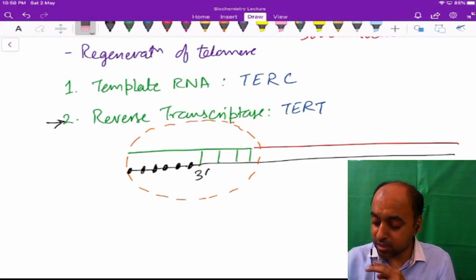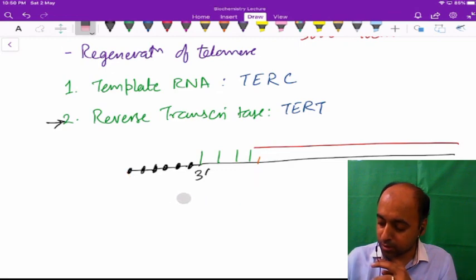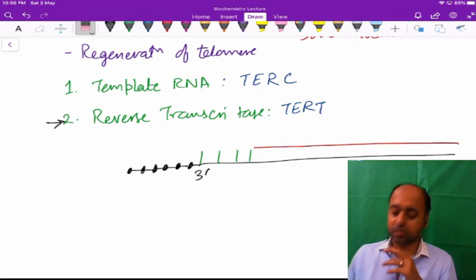Once this extension is completed, the telomerase will disappear. As you can see, they have almost disappeared.